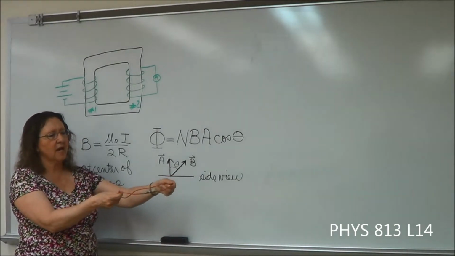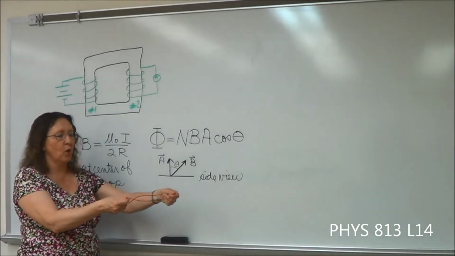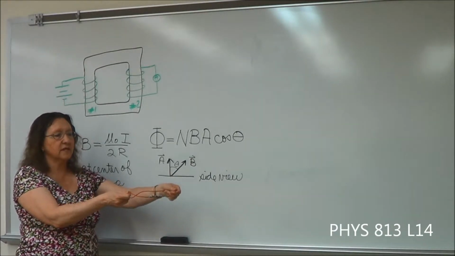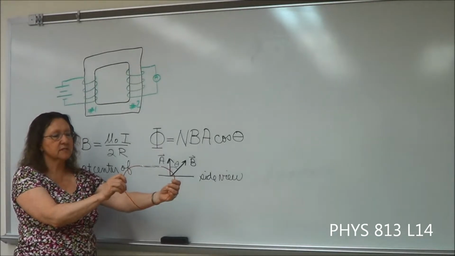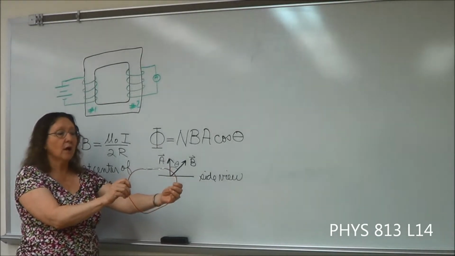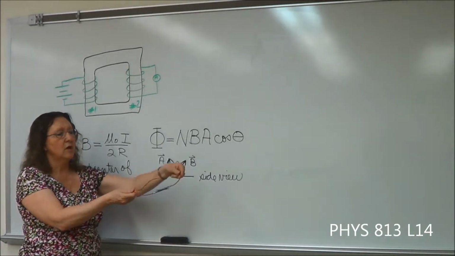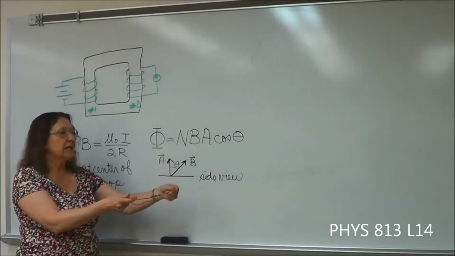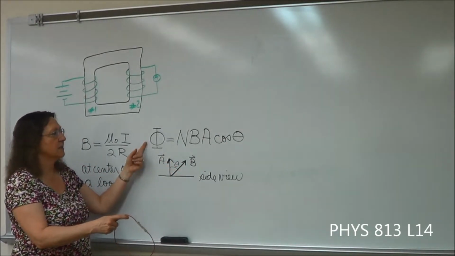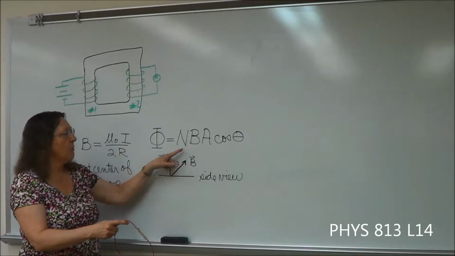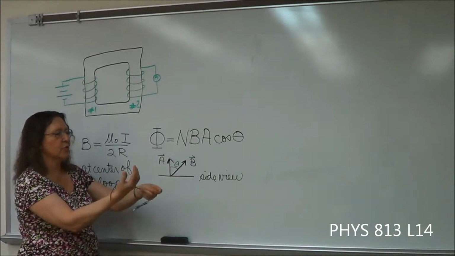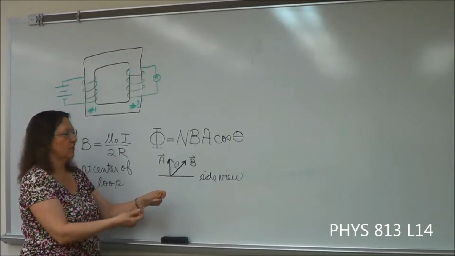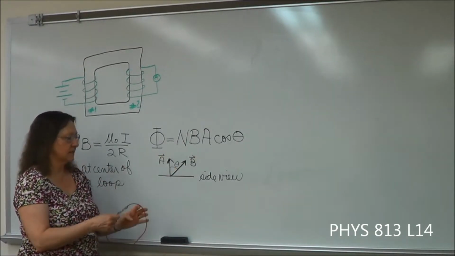If you're outside in the rain and you want to catch water, you hold it like this, assuming the rain's coming fairly straight down. If you tilt this way, then you're not going to catch any rain. So the rain is analogous to flux. You want to know how much of this magnetic field is actually getting through the area. So that's kind of what all of this is about.